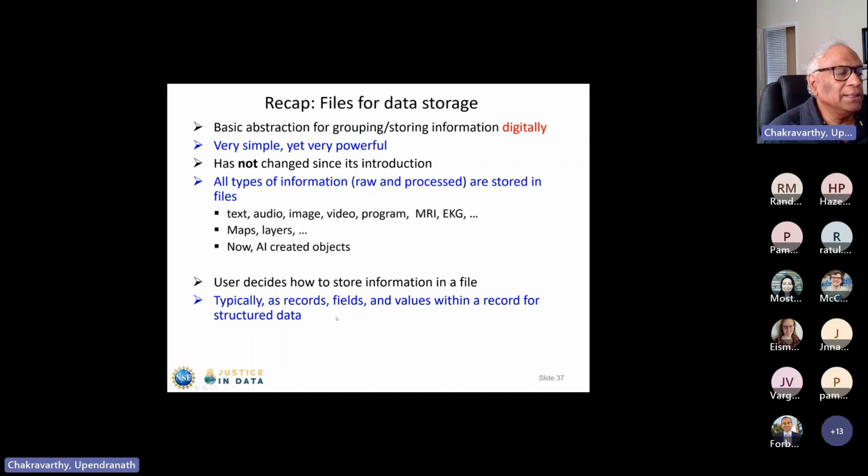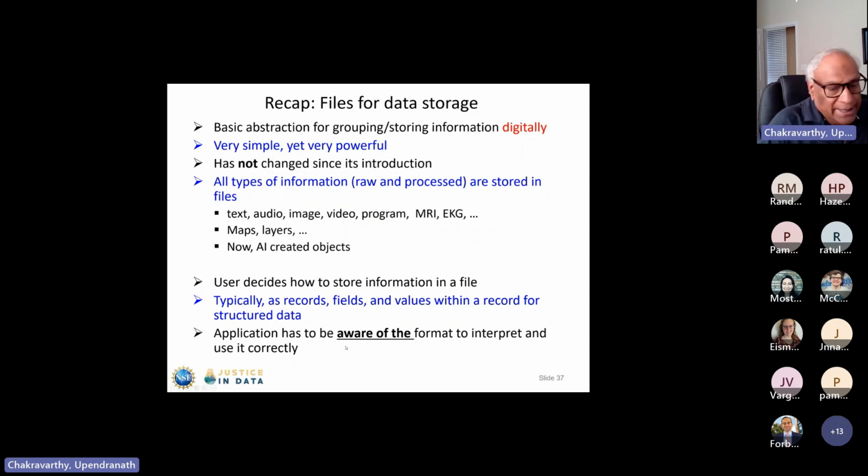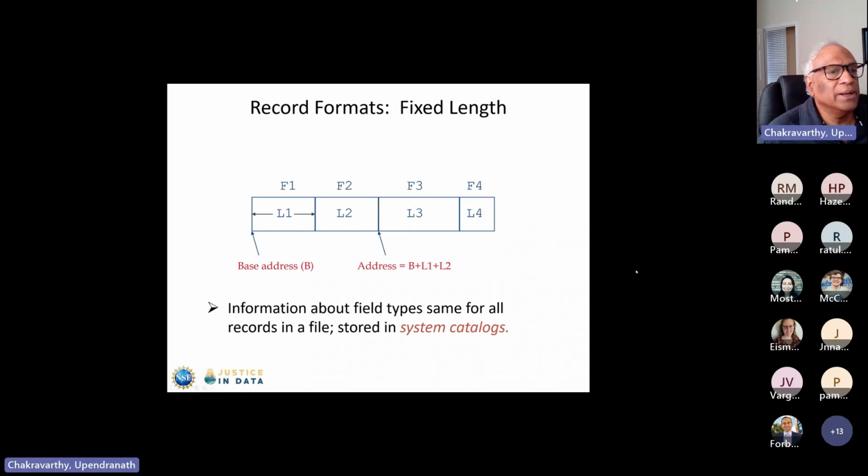So typically in a file, you store things as records, fields, and values for structured data. Applications have to be aware of the format. This is very important. It doesn't matter which application it is. They need to know what the format is before they can process and make sense of it. Here is a very simple way to understand what a record format looks like.